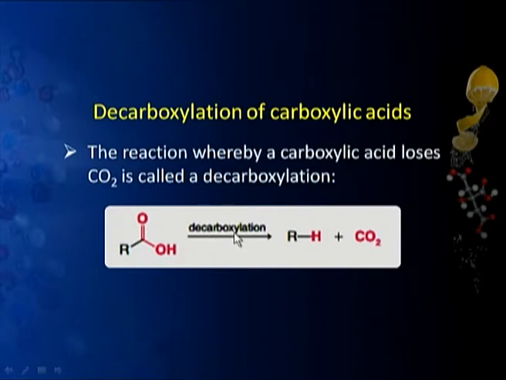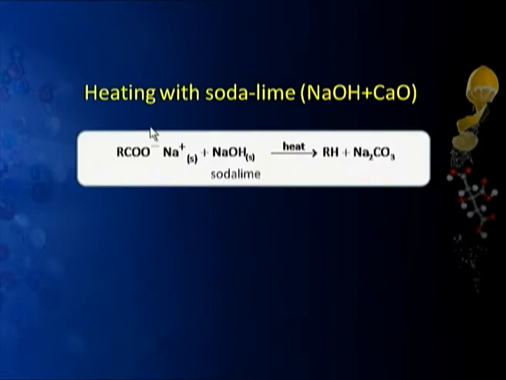So, the main reaction now becomes that decarboxylation of carboxylic acid using soda lime. When a carboxylic acid is mixed with soda lime, initially sodium salt will be formed, and that sodium salt again on heating in presence of sodium hydroxide gives this alkane, and sodium carbonate is formed.